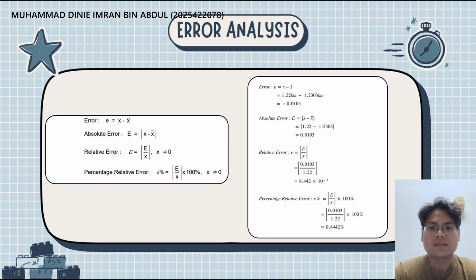Next, scaling this variance against our true baseline gave us a relative error of 8.442 times 10 to the power of negative 3. Finally, converting this value into a percentage gave us our final percentage relative error of just 0.8442%. Achieving an error well under 1% is a phenomenal result.